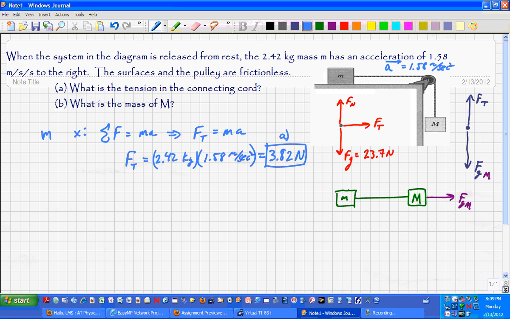Part B asks what is mass big M? Okay, so let's go ahead and attack that. What are we going to do here? So for part B, we know for the whole system that the sum of the forces is going to be equal to MA.